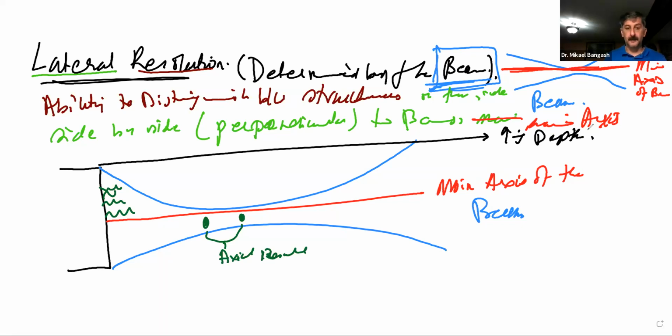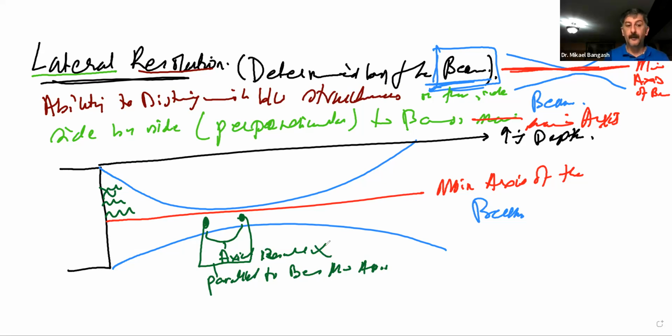What these structures are named is that they are parallel to the beam's main axis. Our ability to distinguish these two structures from one another meant we had a good axial resolution. If we weren't able to distinguish these two structures from one another, that would have been a bad axial resolution.